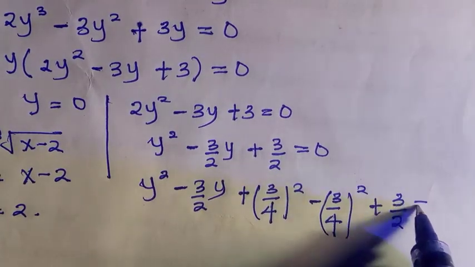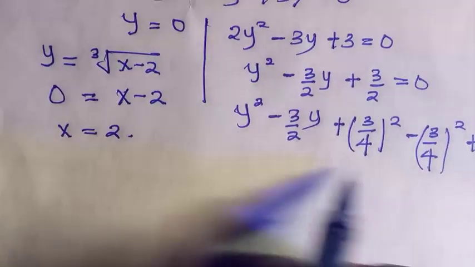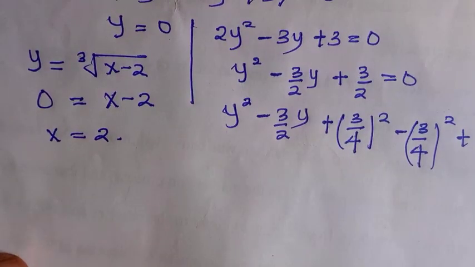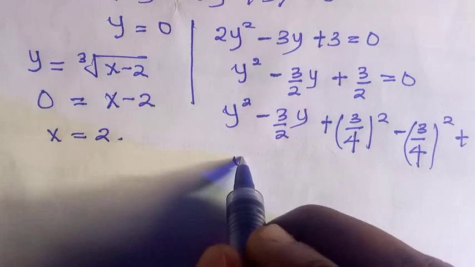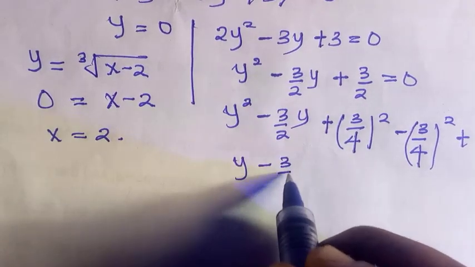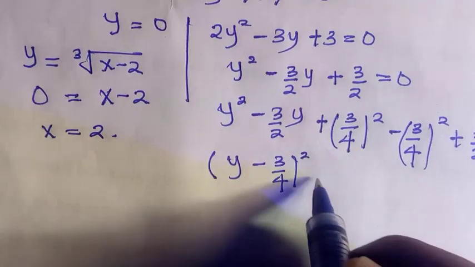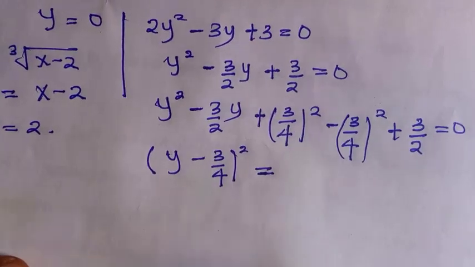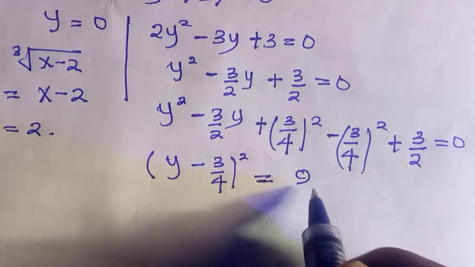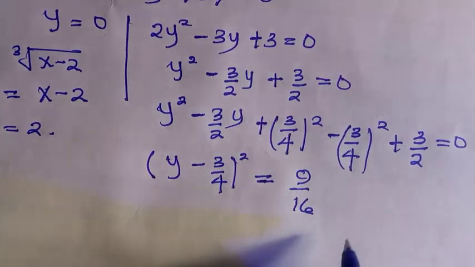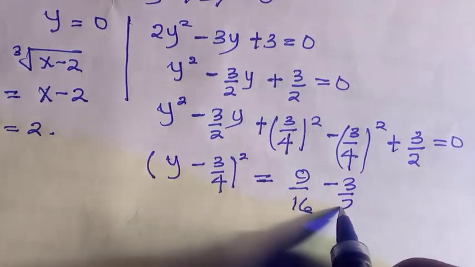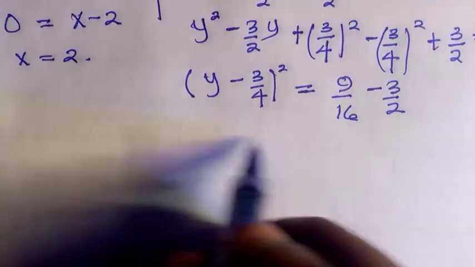If you subtract these two as well, we're still going to get 0 and back to the normal equation. And by combining the first, second, third together, we have y minus 3 divided by 4 all raised to the power of 2. Then everything equals 9 divided by 16 when you expand it and take it to the right, and we have negative 3 over 2.